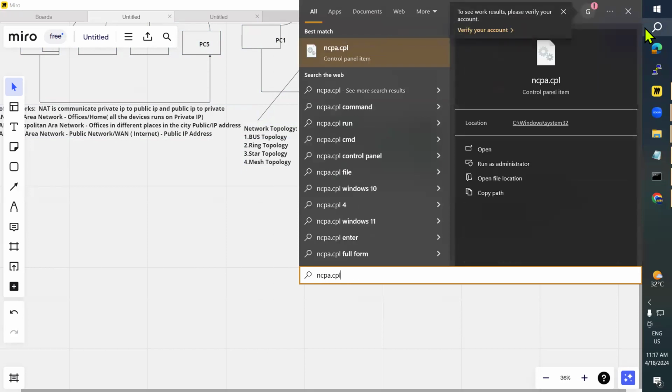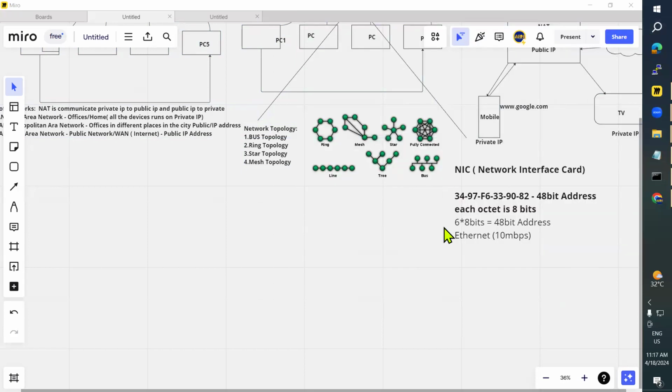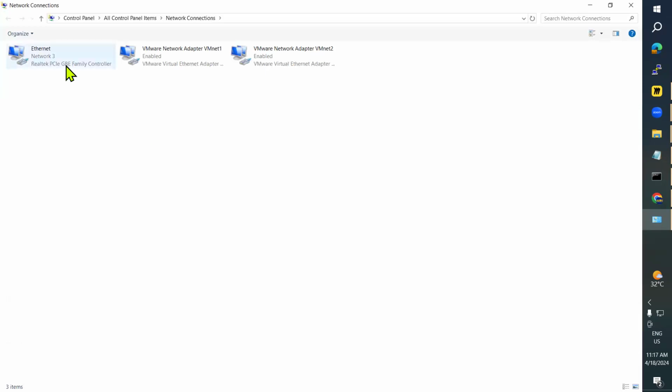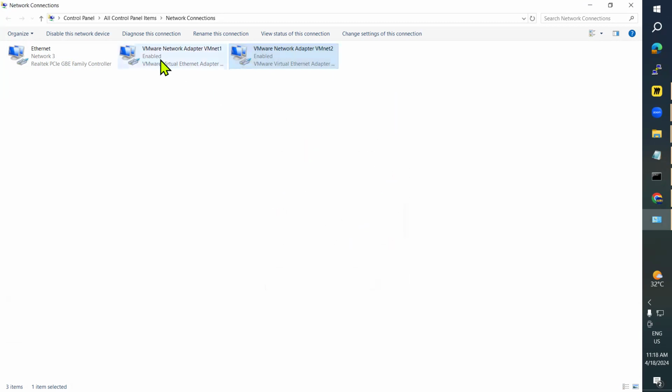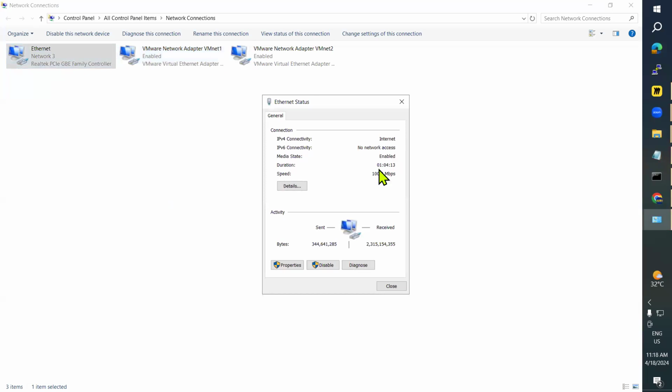ncpa.cpl. See, this is 100 Mbps speed. Oh, my system configuration is more. If you see the speed, you can find it.